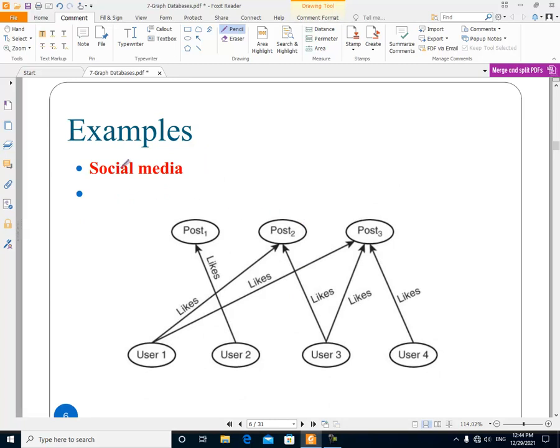One other example of this type of data is social media. In social media, the data that we have, this is an example. Okay, we have some users and we have some posts, and each user is liking different posts.